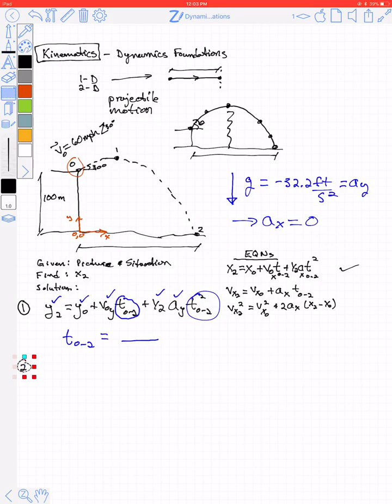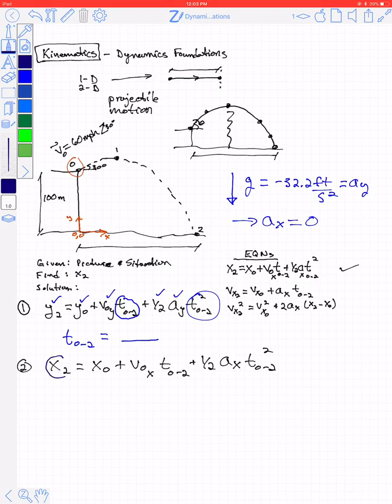Let's check it out with the check mark method. x2 equals x0 plus velocity 0 in the x times time from 0 to 2 plus 1/2 acceleration in the x times 0 to 2 squared. And x2 is what I want. X initial is 0. Velocity in the x direction initially is going to be 60 miles per hour times the cosine of 30 degrees.